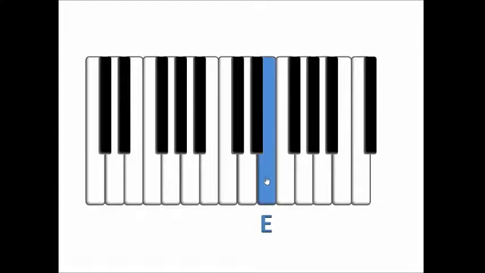See, next to E is F, and next to F is F sharp. So a whole tone from E up in pitch is 2 steps to F sharp. A semitone is just one step from E, and what's right next to E?